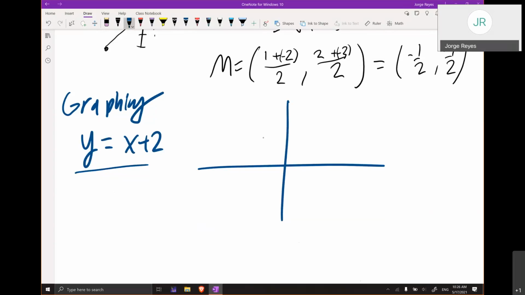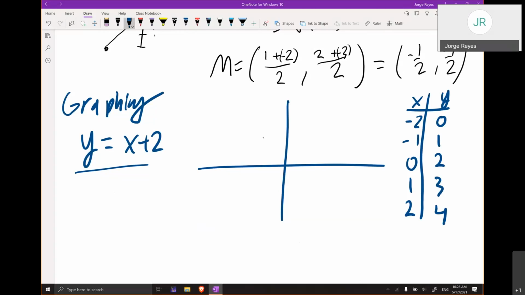So to graph this, one thing you could do, which is what your book is going to teach you, is plug in a bunch of numbers, like -2, -1, 0, 1, 2. If you plug these in, you see that you get other numbers. These are points. The left is the x coordinate, the right is the y coordinate.